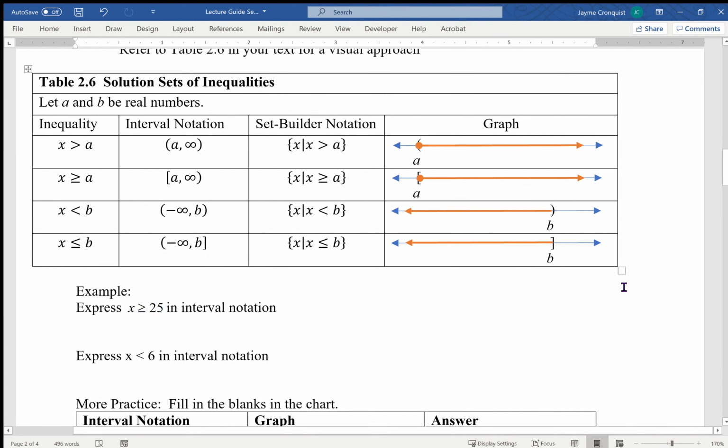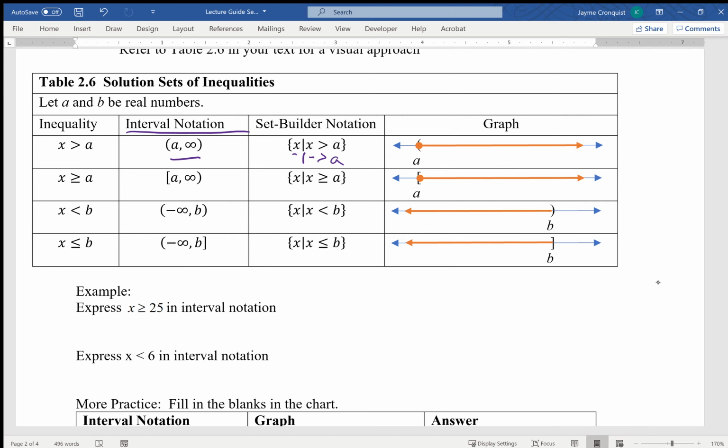All right, here you see these are our different kinds of notations from our graph, our interval notation. We also have a set builder notation. We're going to be mostly using interval and graph. So if x is greater than a, it's from a to infinity. This is x such that x is greater than a. That's how you read that.